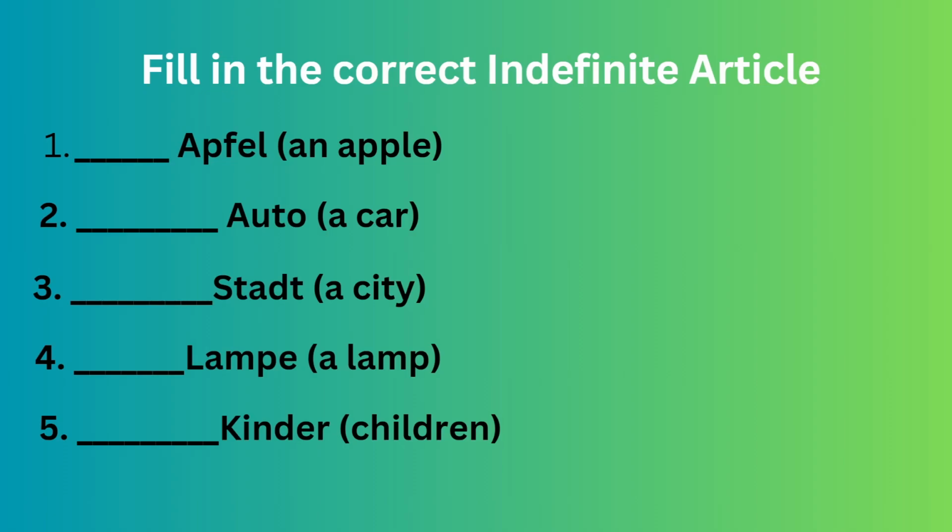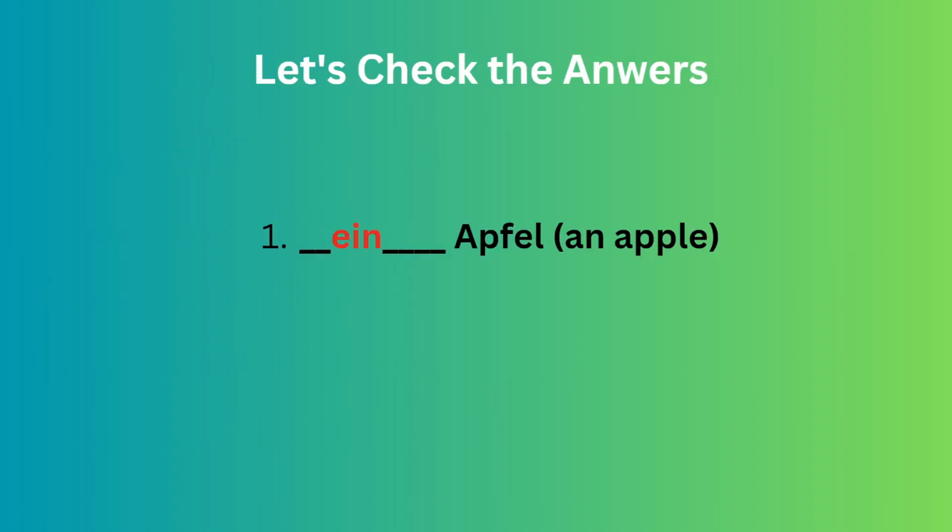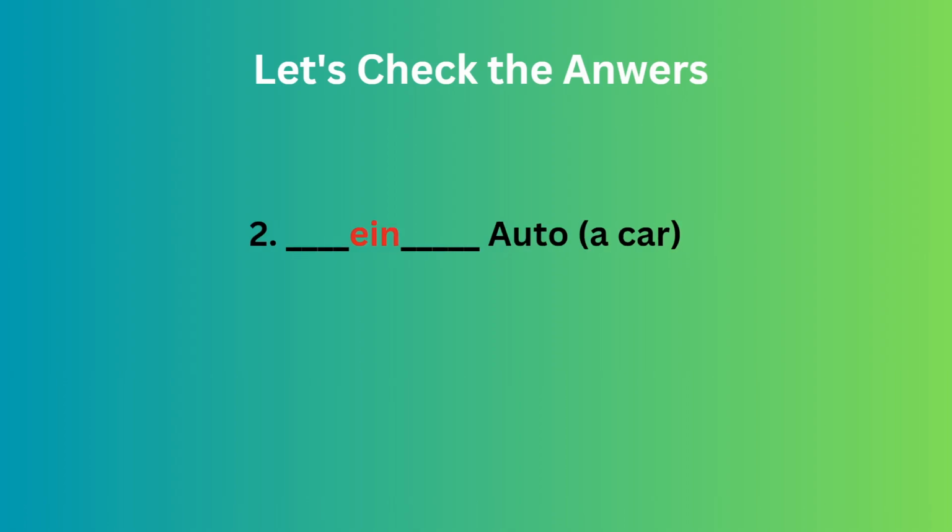I hope you were able to identify the articles. Let's check the answers. First one, Apfel. Apfel is a masculine gender, therefore the indefinite article will be ein. Next one, Auto.